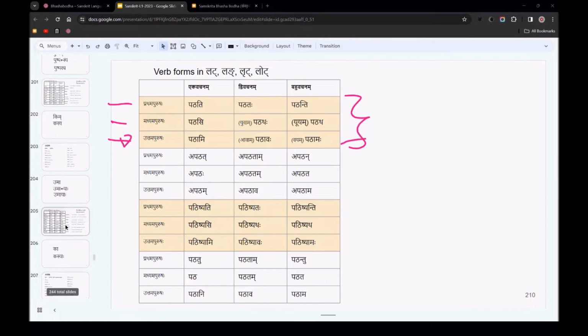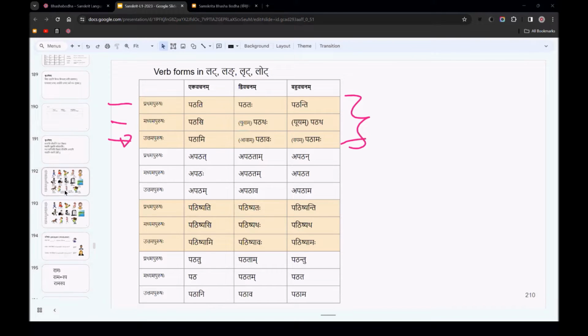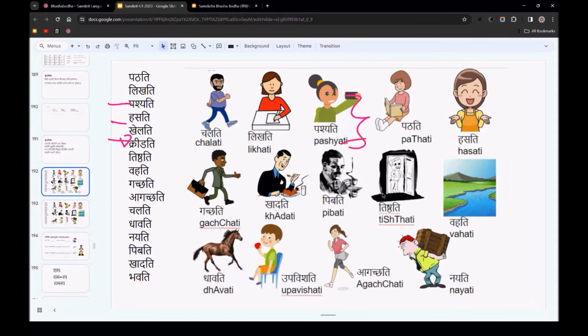So if you look at some examples here for present tense forms, which was shown here, the action of walking. And the other thing is, we talked about the dhatu. What is dhatu? Dhatu is the base form or the root word for all the kriyapadas. For example, chalati. So this is a present tense form. Right?